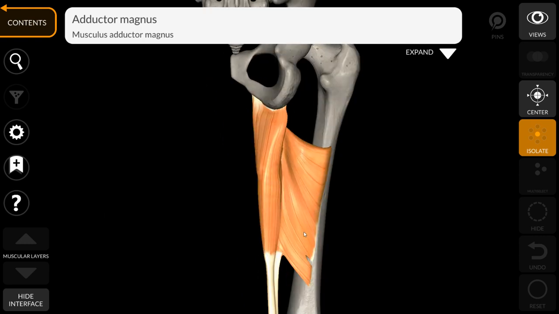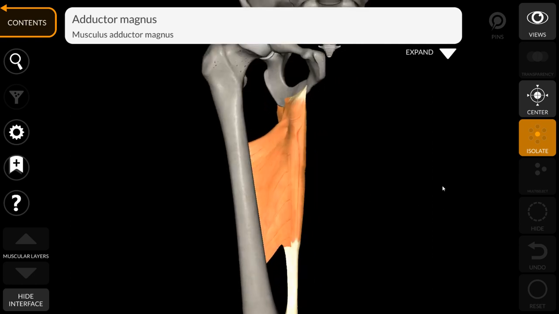Because this muscle is so big and has an anterior part and a posterior part, in terms of nerve innervation it receives innervation from two different nerves, one anterior and one posterior.